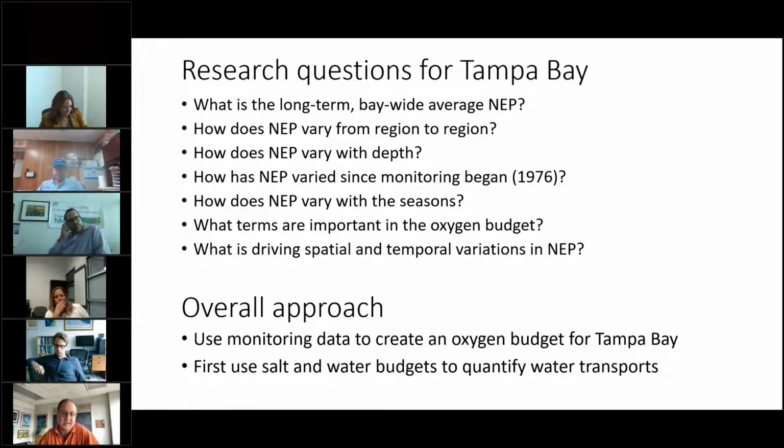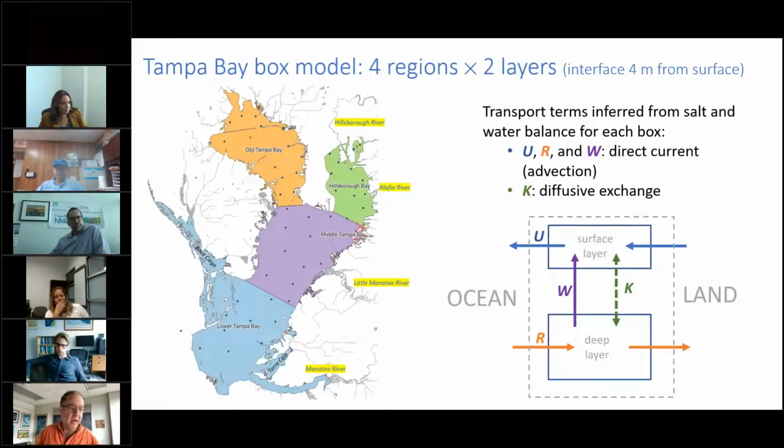It turns out you can get those from an old technique, constructing a water and salt budget. So I won't go into the details of that. It's a pretty standard approach in estuarine modeling and biogeochemistry.